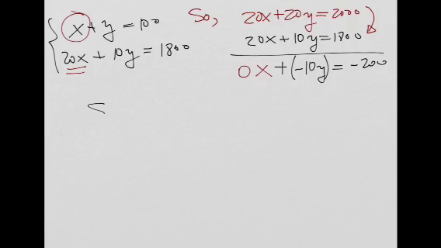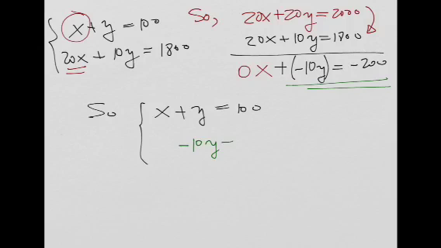So what's the nice thing about this now? Well, my system of equations has simplified quite a bit, right? Instead of that 20x plus 10y, now I have this new equation there that says negative 10y equals negative 200.